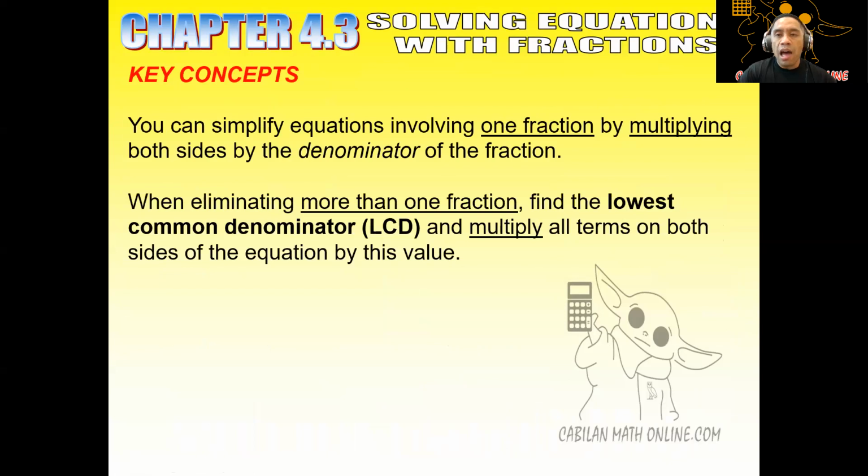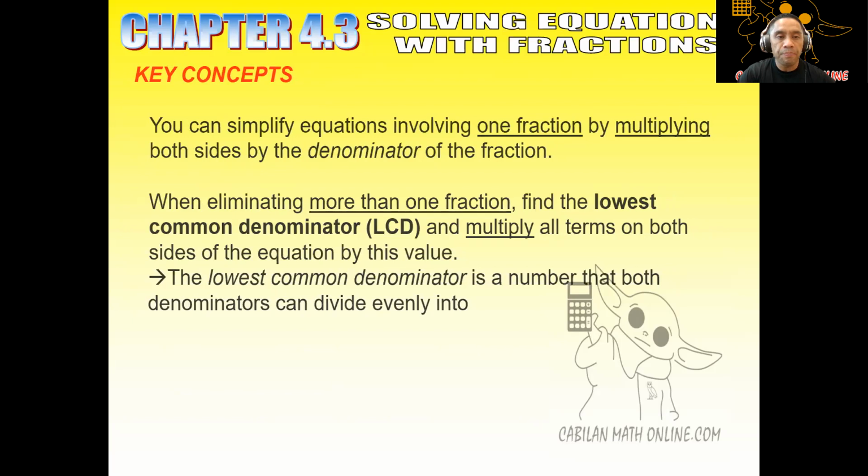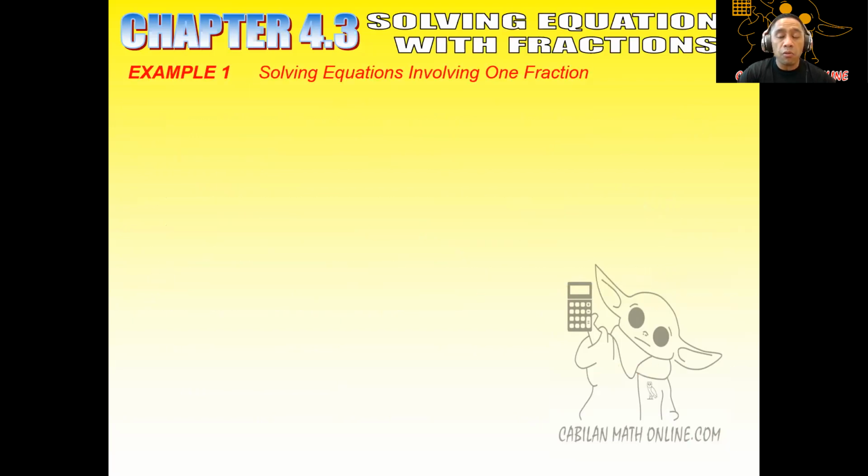Now, in the event that you have two fractions with different denominators, we're going to look at another technique for getting rid of a fraction, the simple technique of cross multiplication. We'll look at that once we see an equation that has two different denominators. So let's start off with a question dealing with only one fraction with one denominator.